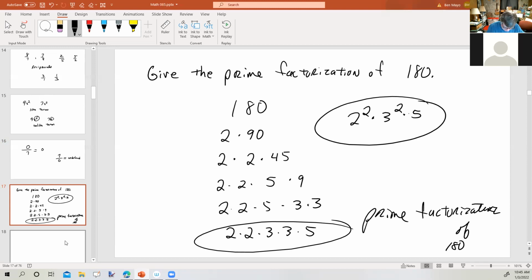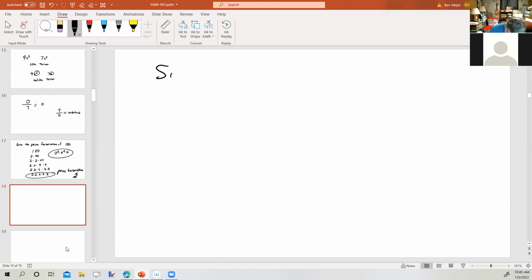Okay, for instance, this says simplify. And again, as I'm going along here, if you have questions that you want to ask, those of you that are present, please feel free to stop me and ask your questions. This says simplify 42 divided by 105.